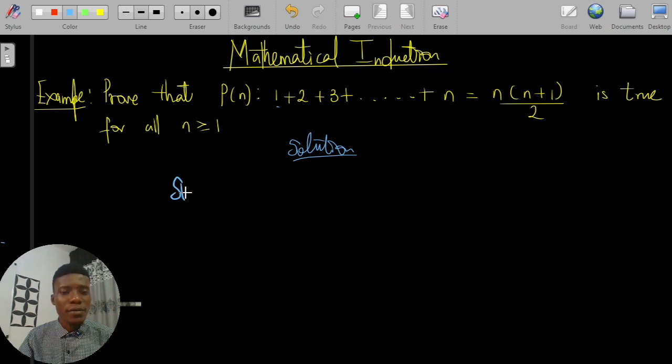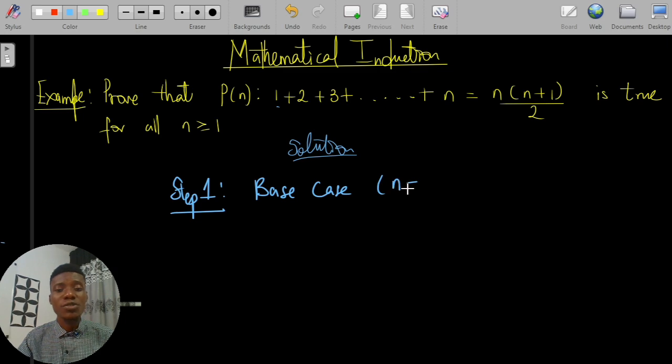Step number 1, we'll call it the base case. The base case is the situation where n is equal to 1. I'm talking about this base case. You check it. Is it true? When n is equal to 1, as the first or the least number here, then the value is 1 plus 1 over 2.